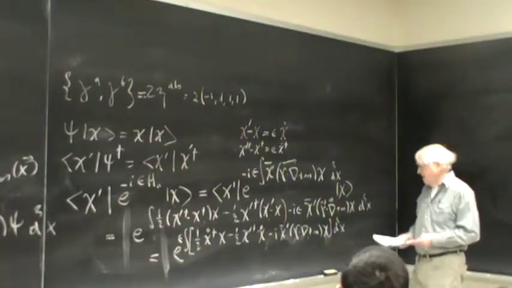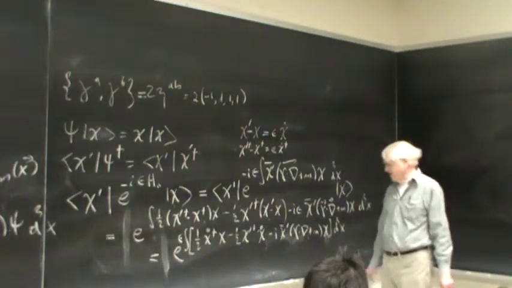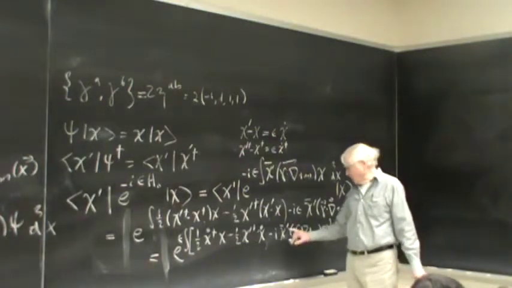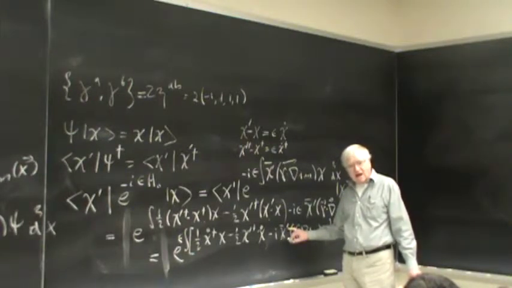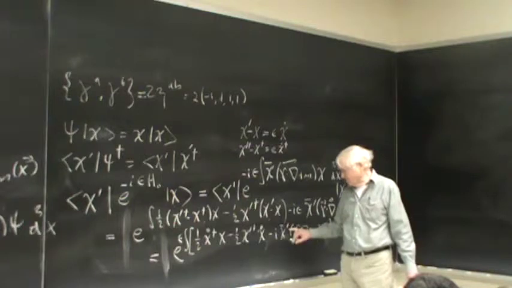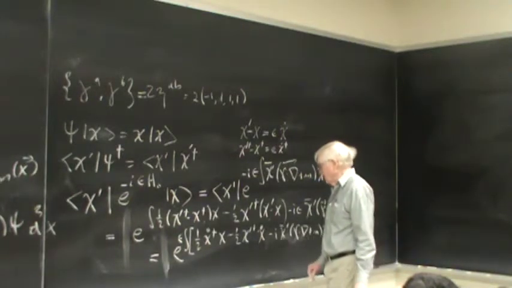Okay. Now, everything in this exponential is proportional to epsilon. So at this point, you see, this chi bar prime differs from chi bar by something of order epsilon, and so we're going to erase the prime here and the prime there.